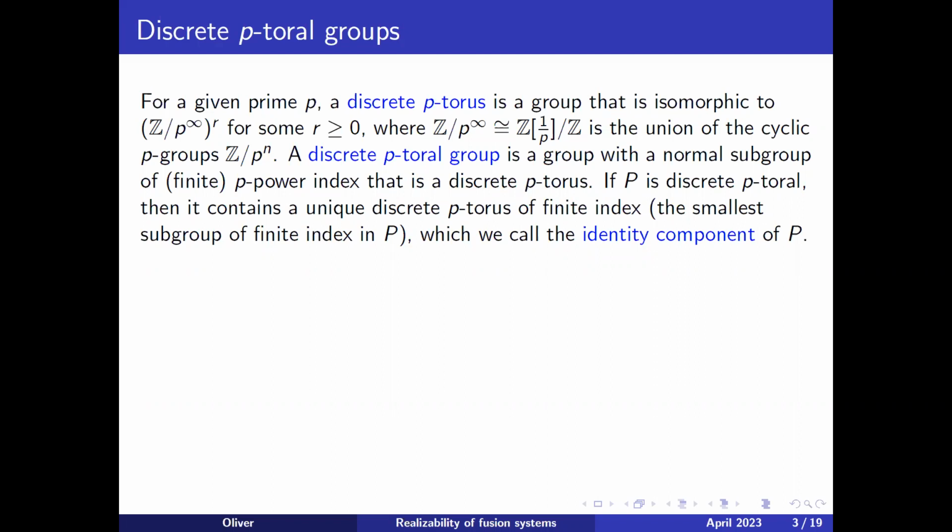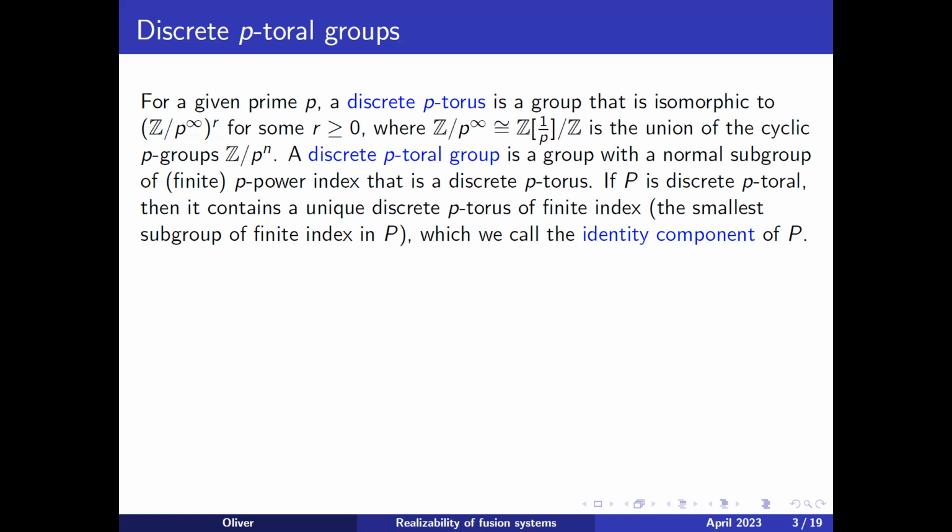A discrete p-toral group is a group with a normal subgroup of p-power index that's a discrete p-torus. For any discrete p-toral group, this discrete p-torus of p-power index is unique.